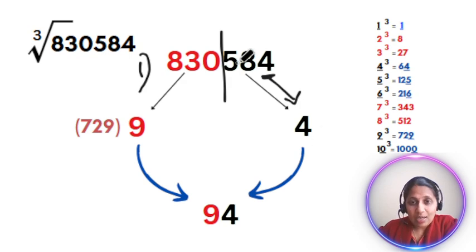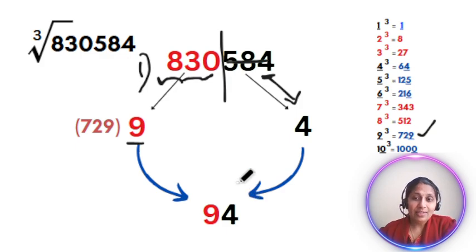Write down 4 and strike out the last 3 digits. Now take the remaining digits, which is 830. The perfect cube which is just less than 830 is 729, which is the cube of 9. So write down 9. So the answer is 94. I hope you are getting this pattern much better, right?